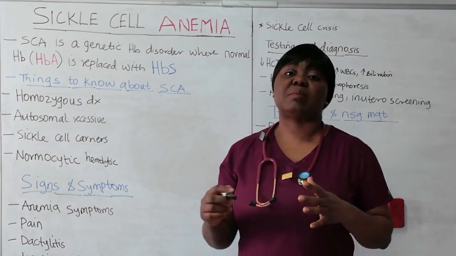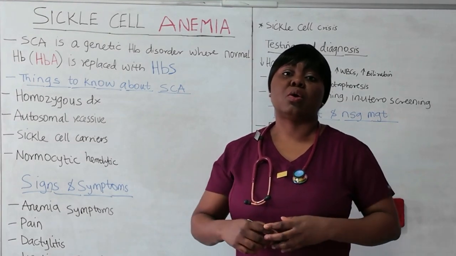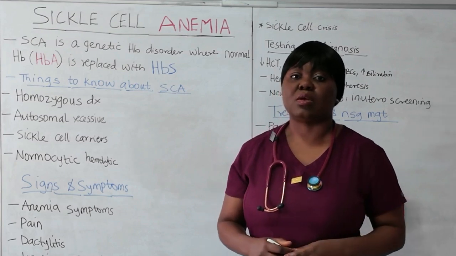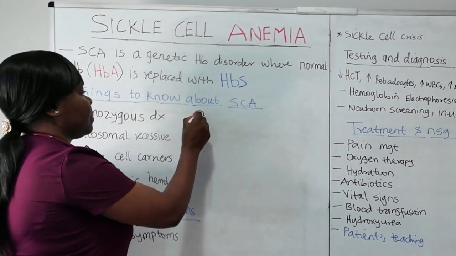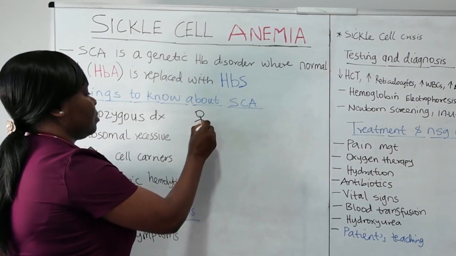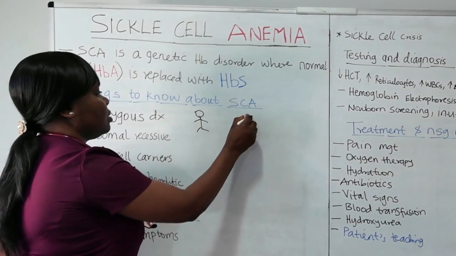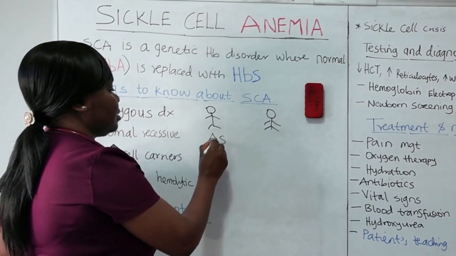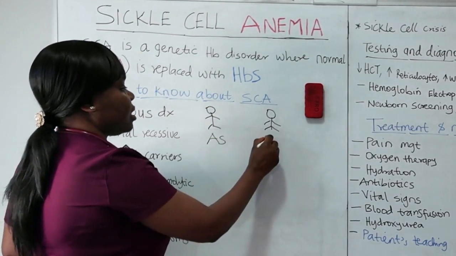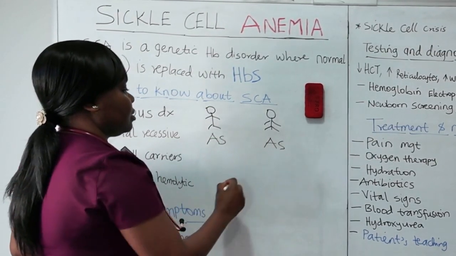Let me explain what I mean by the disease being homozygous or a recessive disorder with this illustration. So if this is a father, and this is a mother, the father is AS, meaning the father is a carrier, and the mother is a carrier.